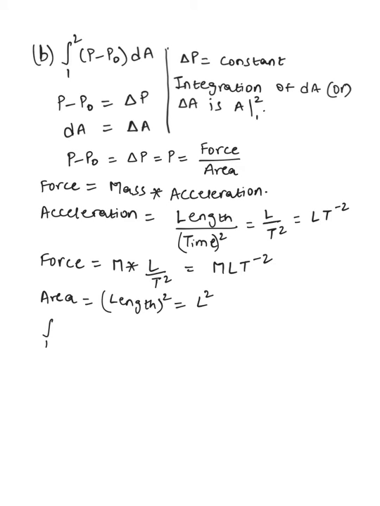So integral 1 to 2 of (p minus p naught) dA is nothing but p times A, which is equal to force over area times area.